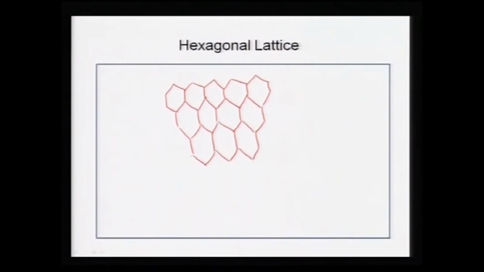That is nothing but the graphitic layer of carbon nanotube, and the distance between carbon atoms is approximately 1.421 angstrom in graphite, but because of curvature there is an increase in this particular bond distance between carbon atoms, and that comes around 1.44 angstrom.